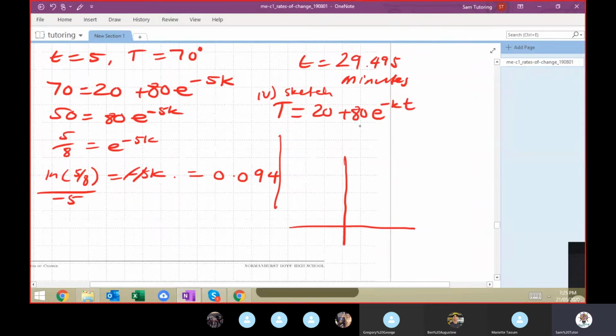Times it by 80 means it's going through 80. That would be 80e^(-kt). Plus 20 means shift the whole thing up 20. There's your 20. That's your asymptote. That's going to go through 100 now.